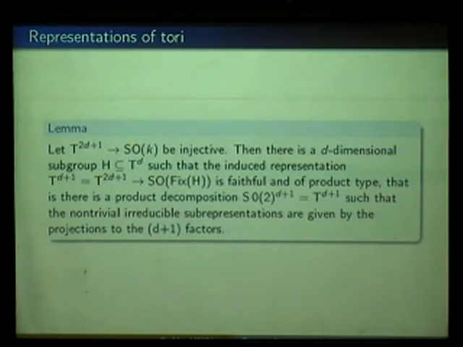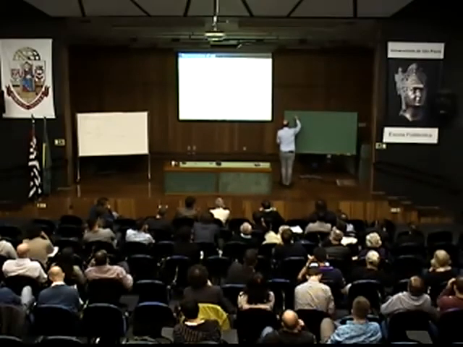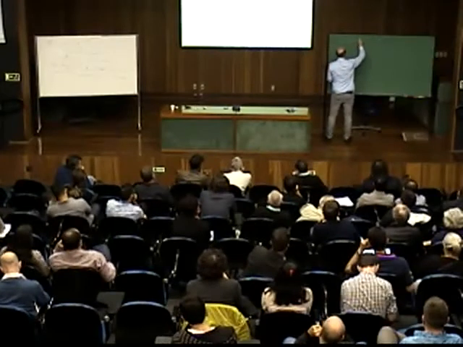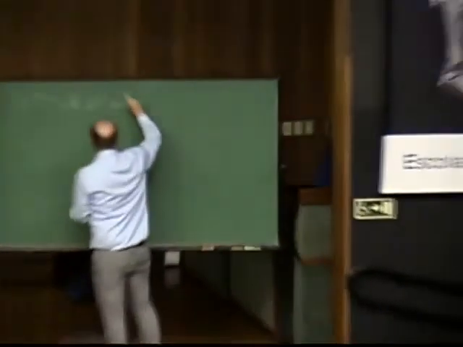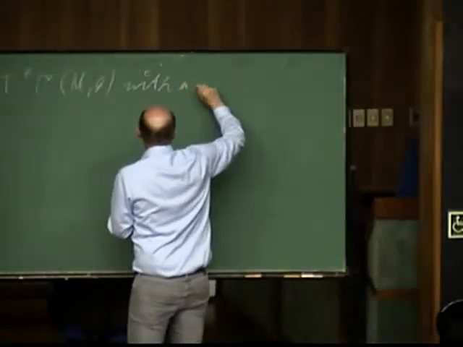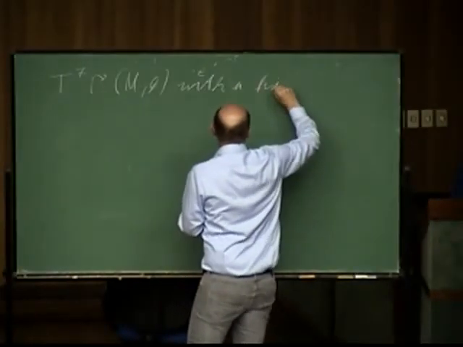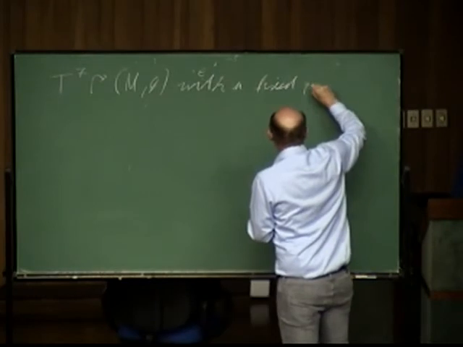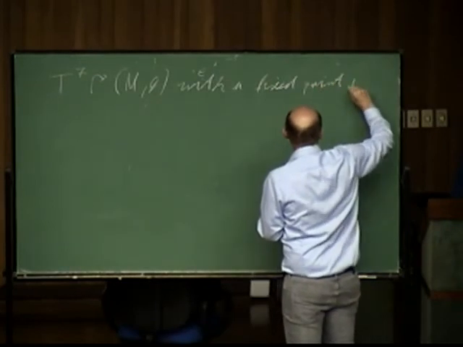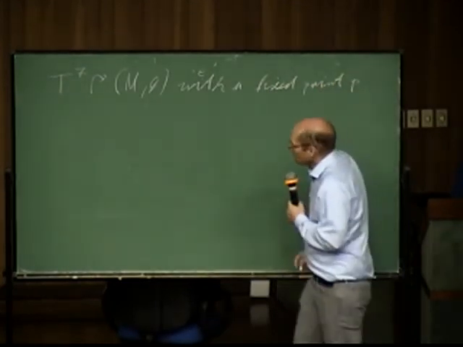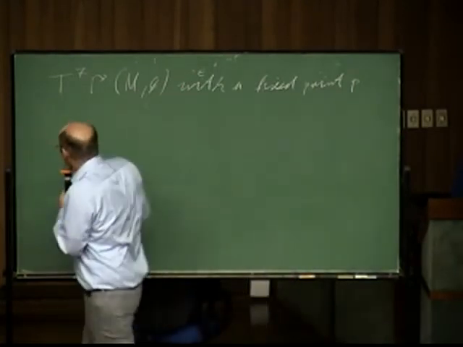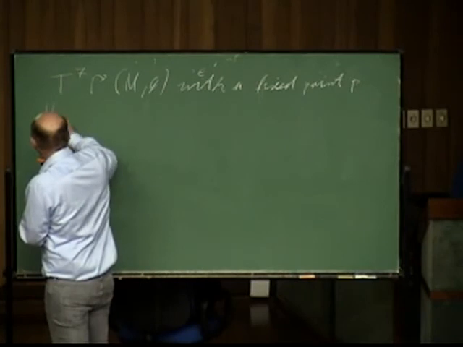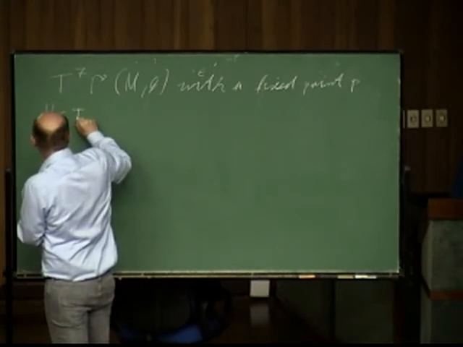Okay, so we suppose we have a 7-torus acting on our manifold with a fixed point P. And of course the action is always assumed to be effective. And we apply this lemma, so there exists H. H is not necessarily connected.